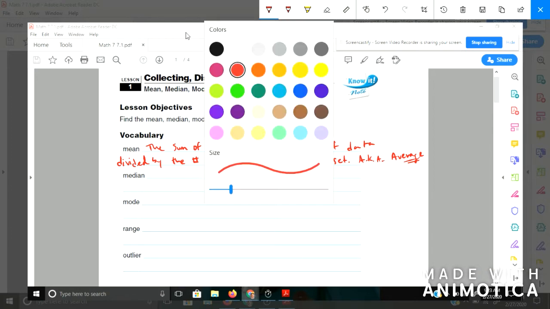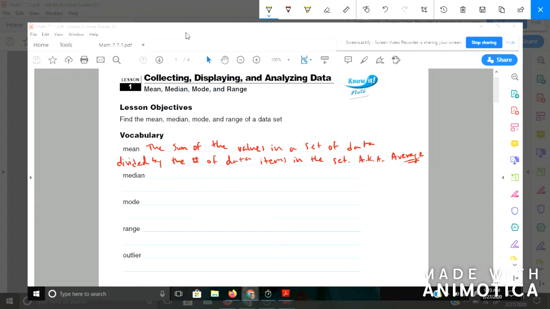The median is the middle number, or the average of the two middle numbers. Sometimes there's not one middle number, but there's two middle numbers.